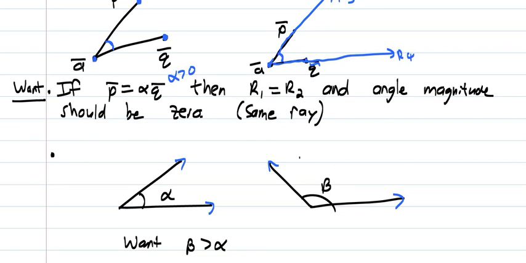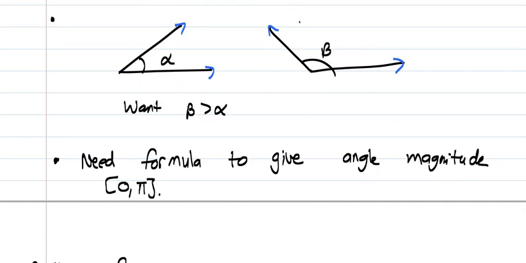We want to come up with good definitions so that the angle alpha is less than the angle beta. Now think about angles. If we measure them in radians, we want angles to be from 0 to pi. So the smallest value we want is 0, and the biggest value we want is pi, or any value between 0 and pi. Remember, we are measuring angles in radians.